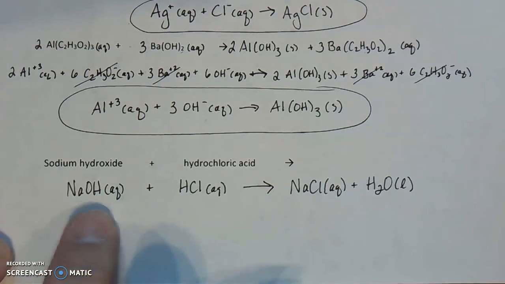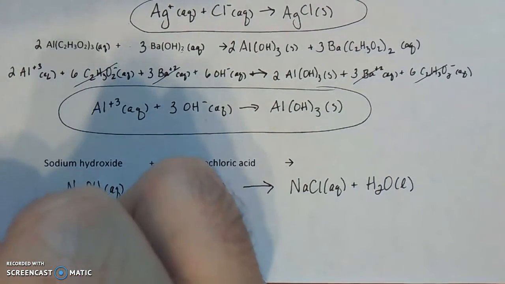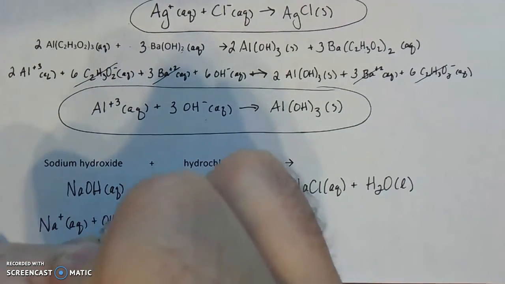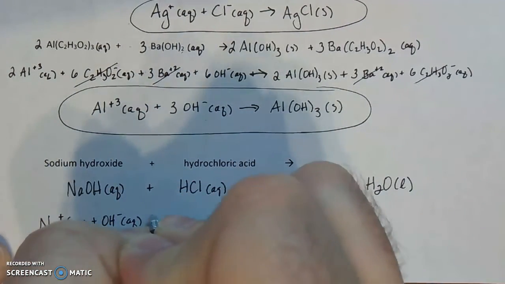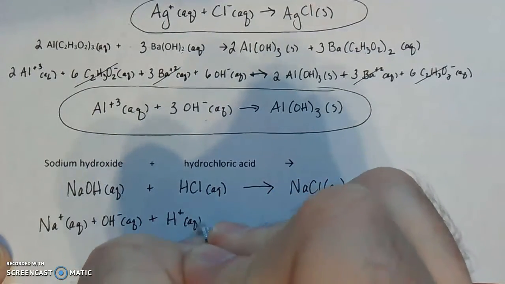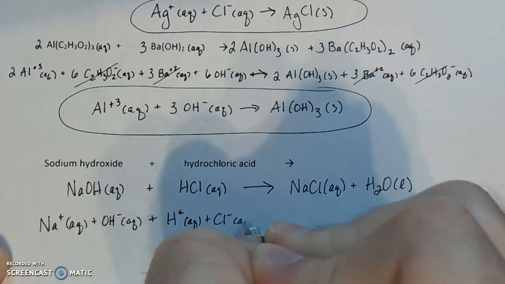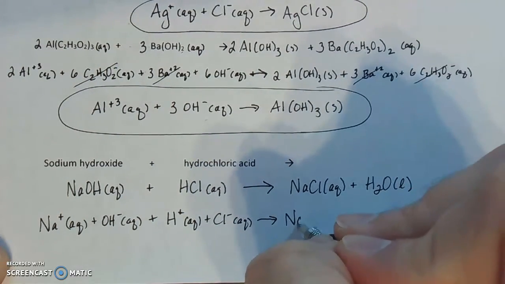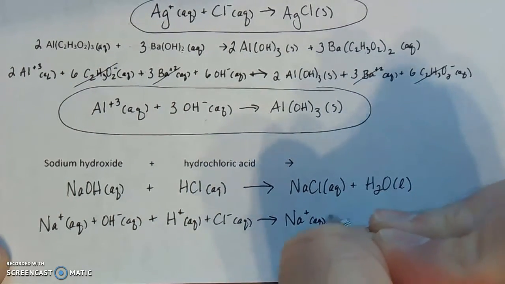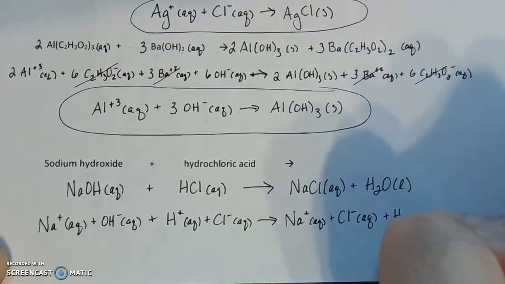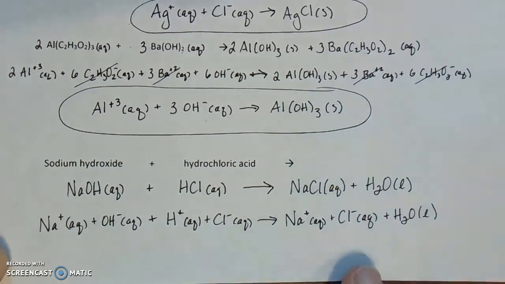So that means that NaOH breaks apart, so Na+ AQ plus OH- AQ. HCl breaks apart, H+ AQ and Cl- AQ. NaCl breaks apart, Na+ AQ and Cl- AQ, but water does not break apart.